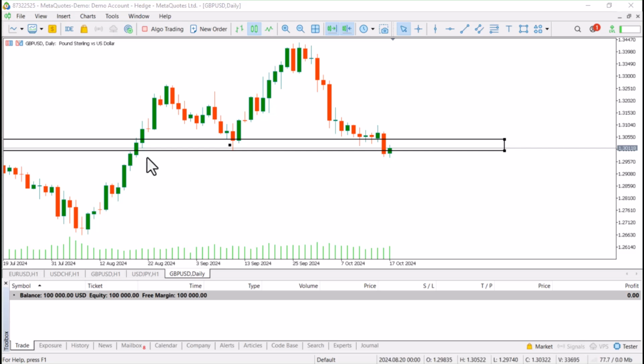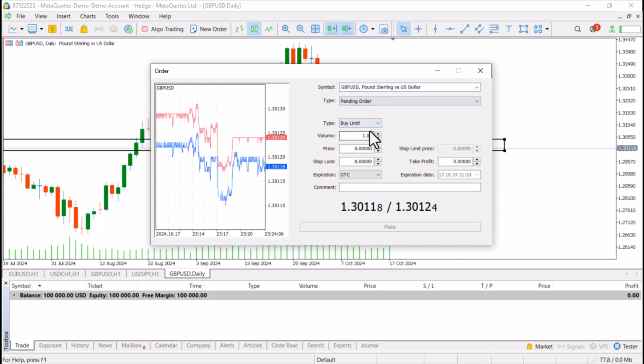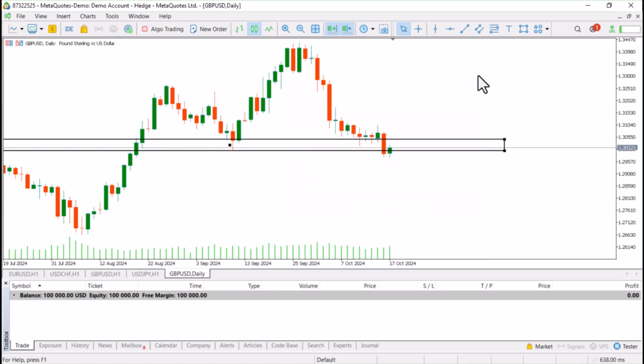So now let's get back to the window. We click on the new order and then on the type of order. We select pending order. Now you can see that once we select pending order, we have another type box shown to us. Under this type box, we see the different types of pending order. Let's clear this and try again.